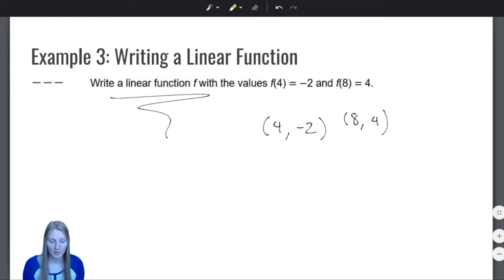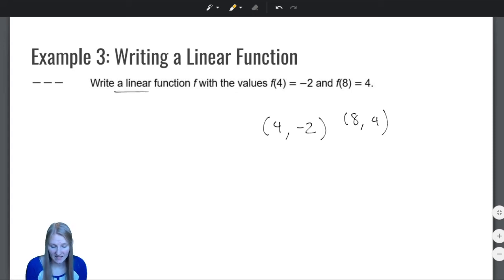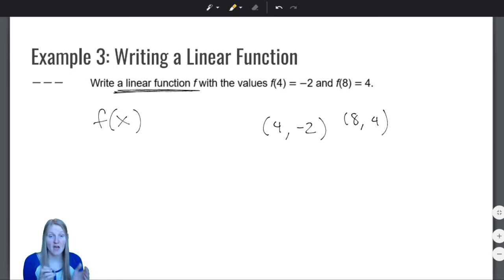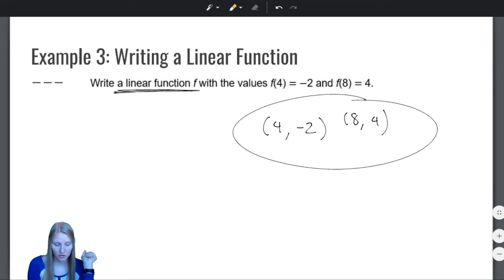So remember that writing a linear function means that we want f of x equals. In the end, we should have f of x equals blah, blah, blah. Okay. So let's see, because I have 2 points, let's start in point-slope form.